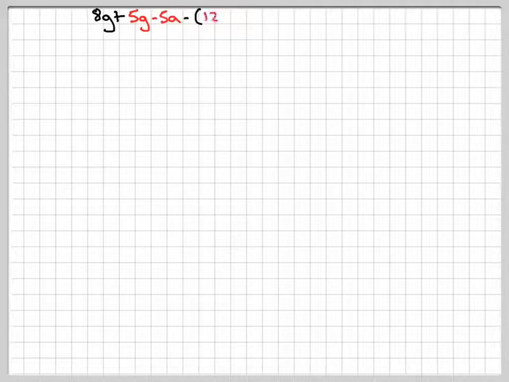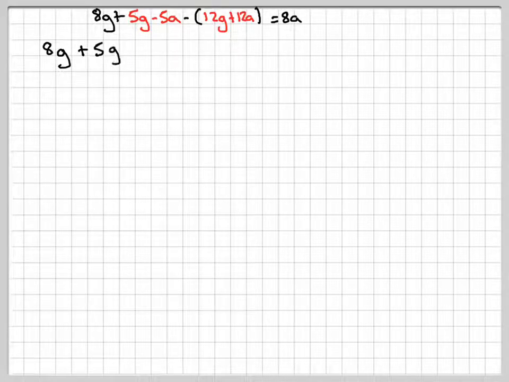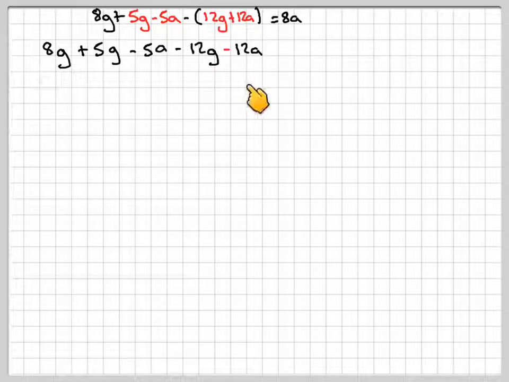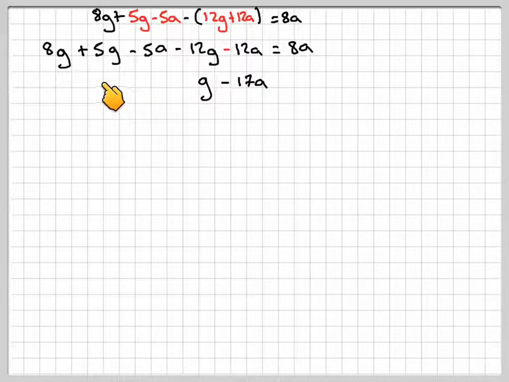Okay, so we're going to write that equation out and then we're going to try to solve it. So writing it out in full, we've got 8g plus 5g minus 5a minus (12g plus 12a) equal to 8a. Removing the bracket first: 8g plus 5g minus 5a minus 12g minus 12a is equal to 8a. So we've got 8 plus 5 minus 12, which is going to give me g, and then we've got minus 5 minus 12 gives minus 17a, equal to 8a.